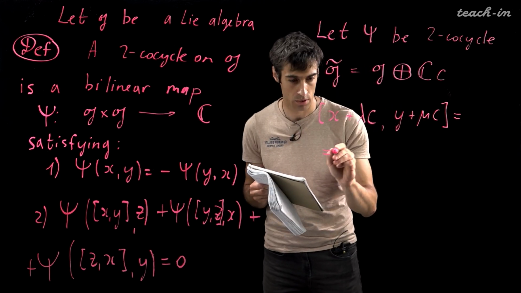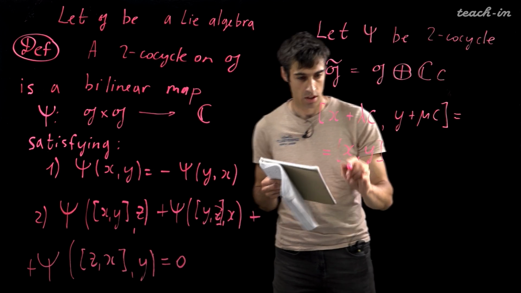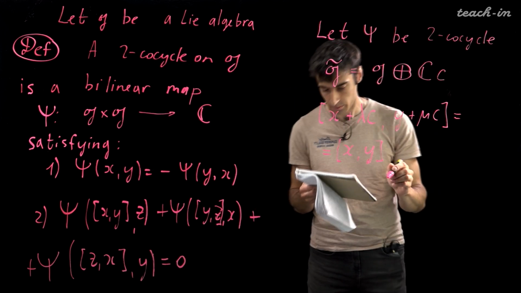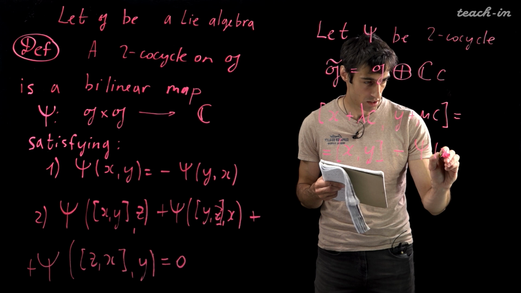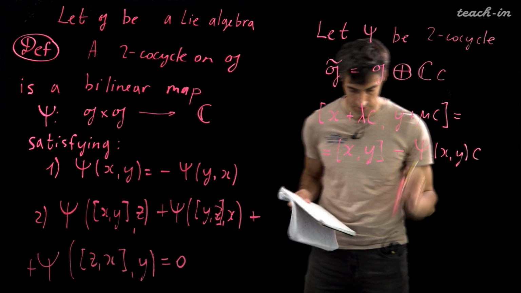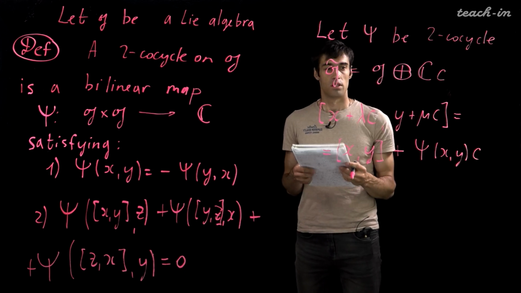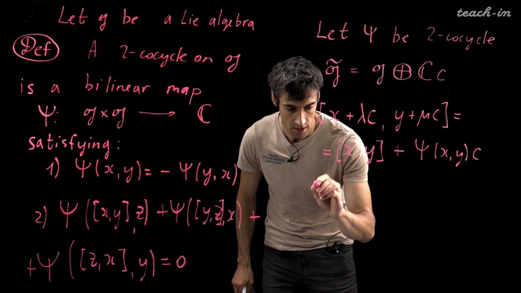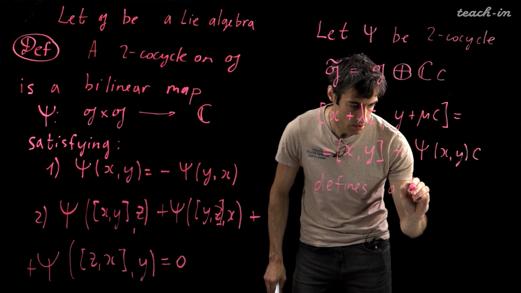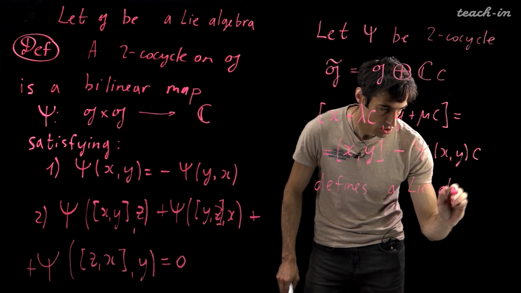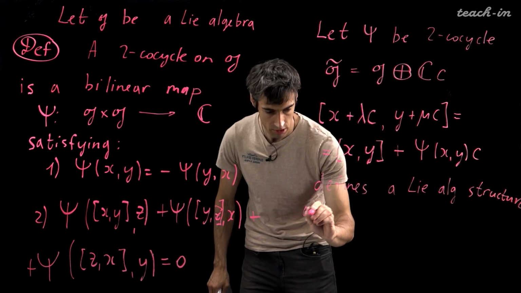By definition, I put that it is the bracket of x and y plus our cocycle psi of x, y times C. So the claim is that this defines a Lie algebra structure on G tilde.